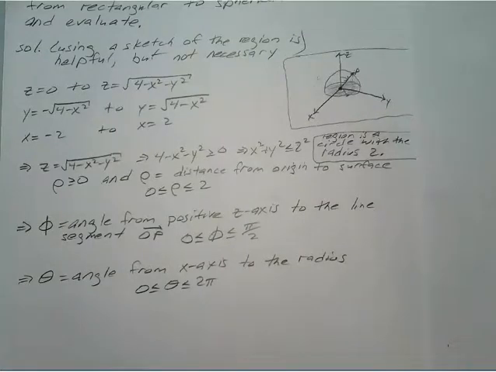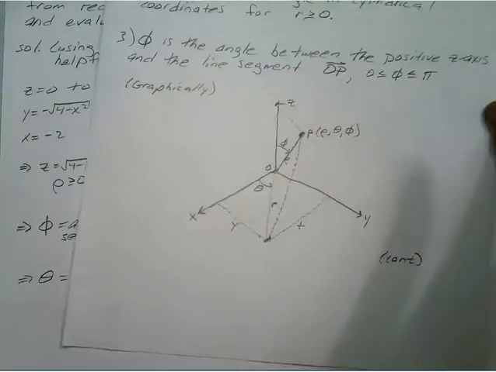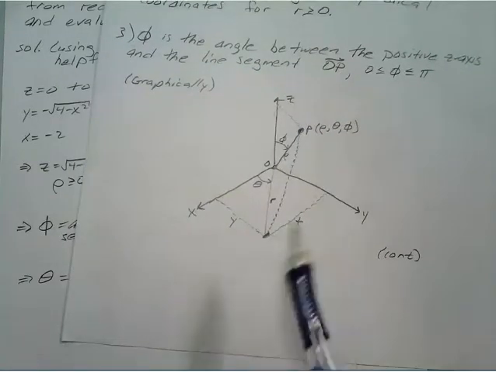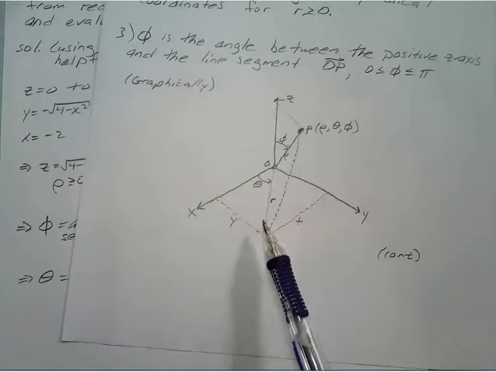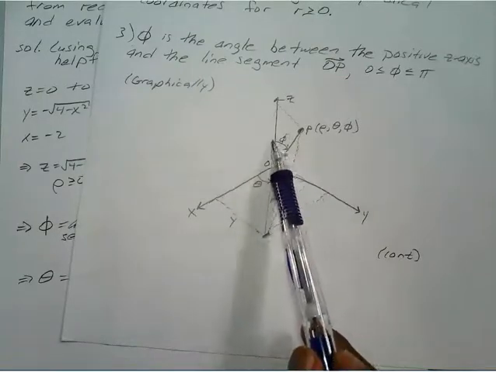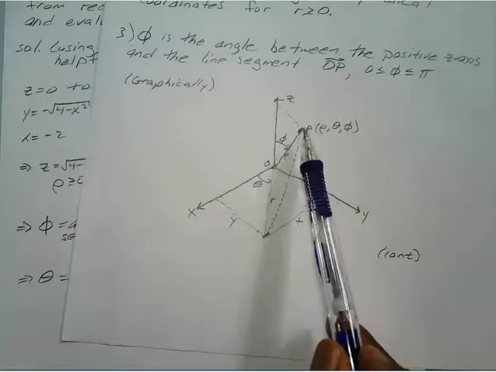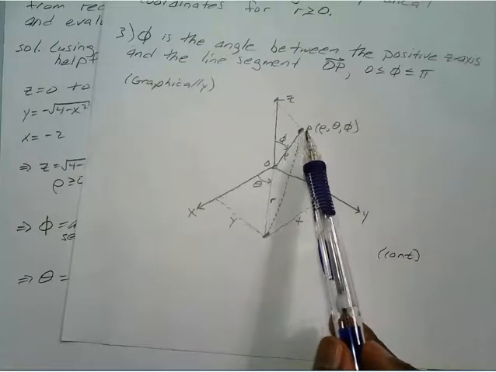Okay, so looking at this, let me go back a few pages. I'm going to cover this up for a second. Looking at your original drawing for spherical coordinates helps you understand. Pretend that's a point on our graph.